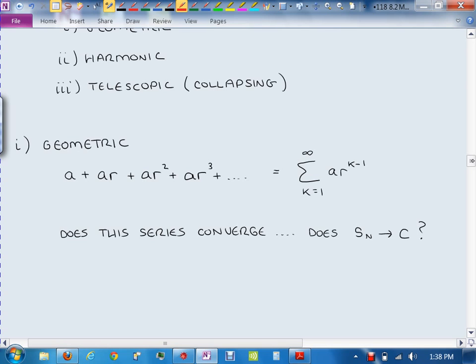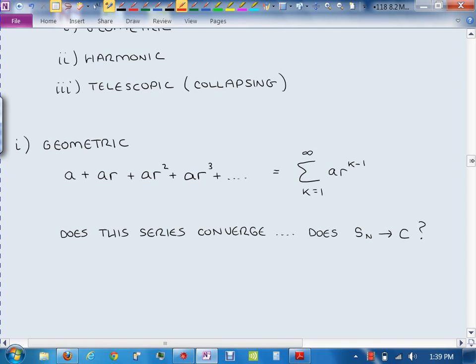Well, let's see. What if r was a fraction? Like, what if r is 1/2? And let's just say, for the sake of right now, let's just pick a to be 1. What would this be? 1 plus 1/2 plus 1/4 plus 1/8, right?